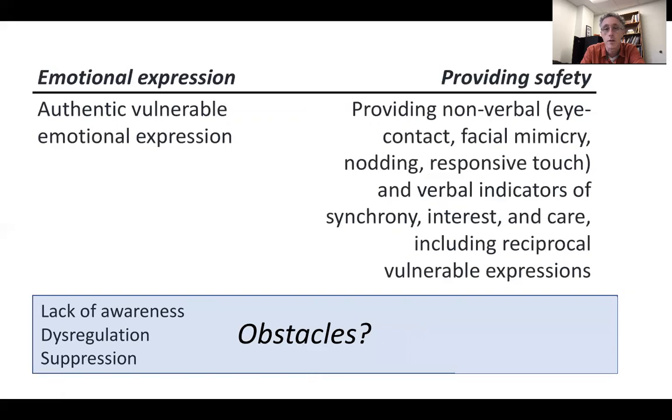And both are problems in terms of emotional expression that we can work on. And the same set of obstacles really shows up on the responding end. And so we want to work on these obstacles over and over again in our work. It's really foundational that we're able to express our emotions in healthy, regulated, non-suppressed ways with respect to both providing safety and expressing vulnerability.